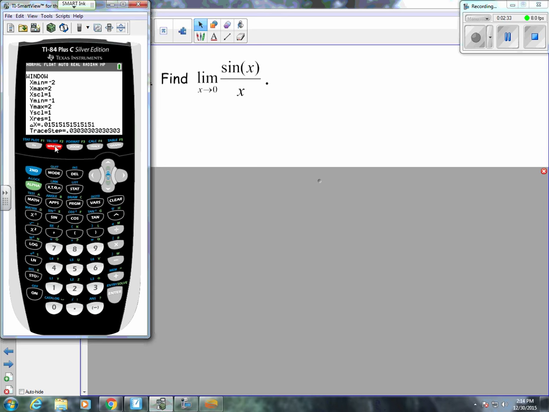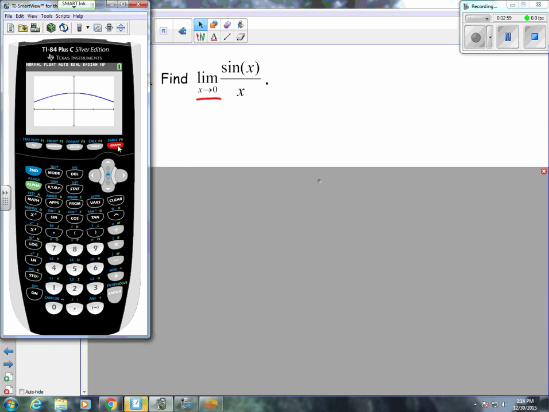Let me set my window from x going negative 2 to 2, scale of 1, y going negative 1 to 2 with a scale of 1. And remember, we're interested as x approaches 0 for this. Now, more about this later, but right now make sure that we're in radian mode. So here's a graph of y equals sine of x over x.